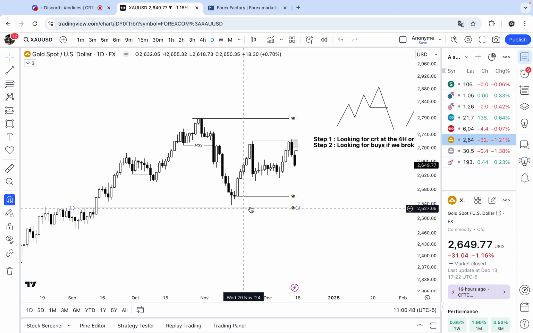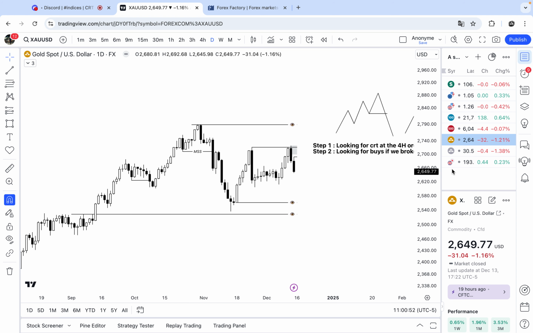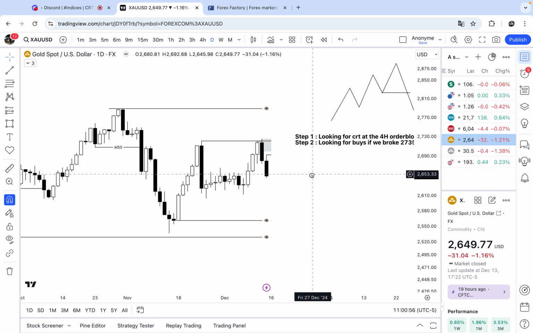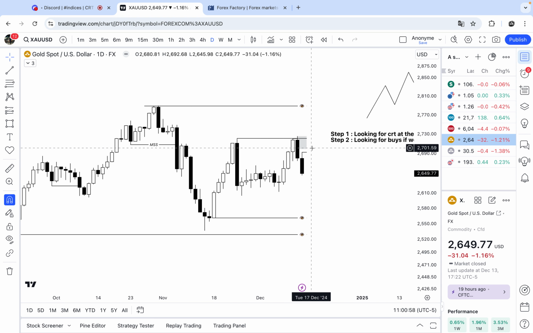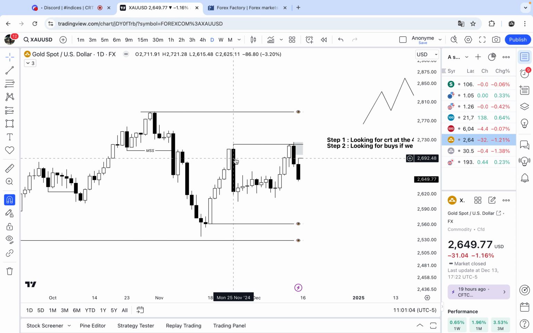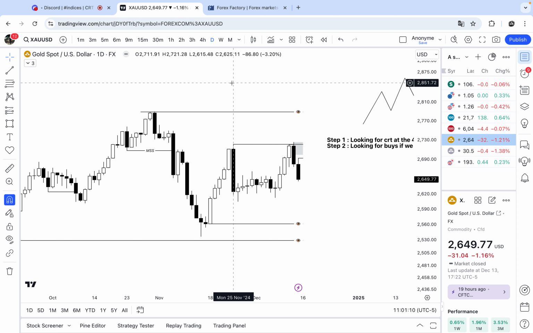All right. So that's how I'm preparing for every week. This is my analysis for gold. Key levels: I'm looking at weekly and daily.